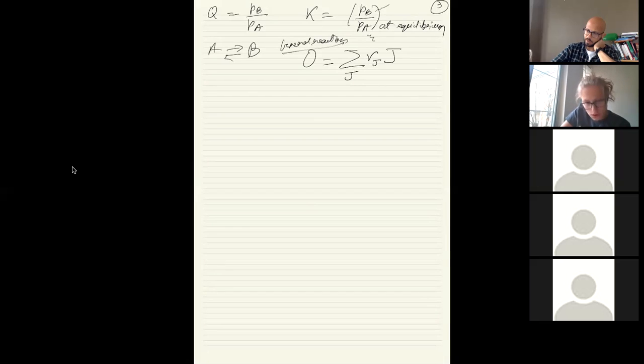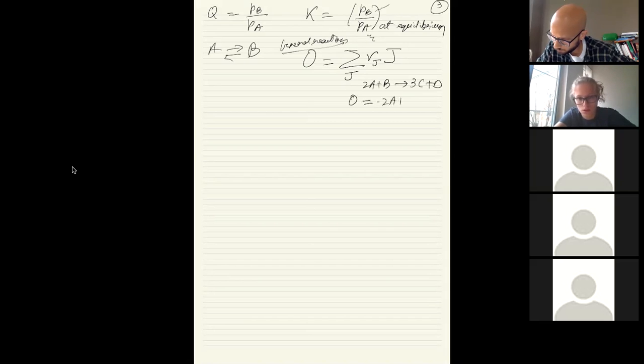For example, if I have 2A plus B going to 3C plus D, then this reaction can be written as 0 equal to minus 2A minus B plus 3C plus D. Or in this notation, you have nu A equal to minus 2, nu B equal to minus 1, nu C equal to 3, nu D equal to 1.